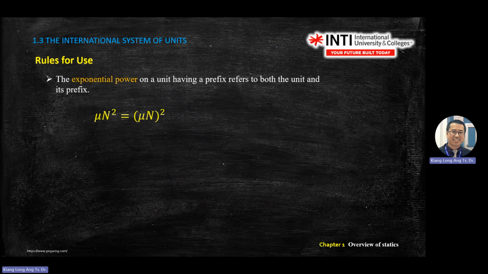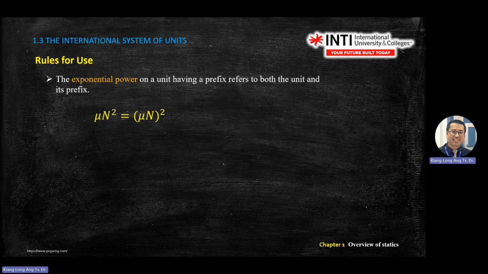Another one is exponential power. If you write this is micron 10 power -6, right? So if you write micron n square, for my dimension, when you mark your answer, it means you are actually meaning micron Newton bracket square.